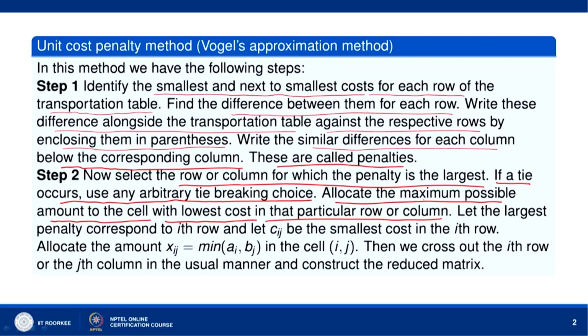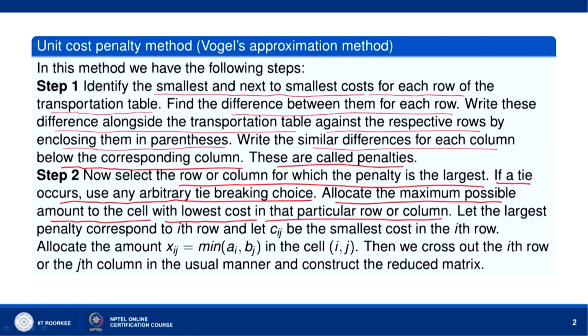Suppose the maximum penalty occurs in the ith row, for example, and the lowest cost cell is the cell where the cost is Cij.